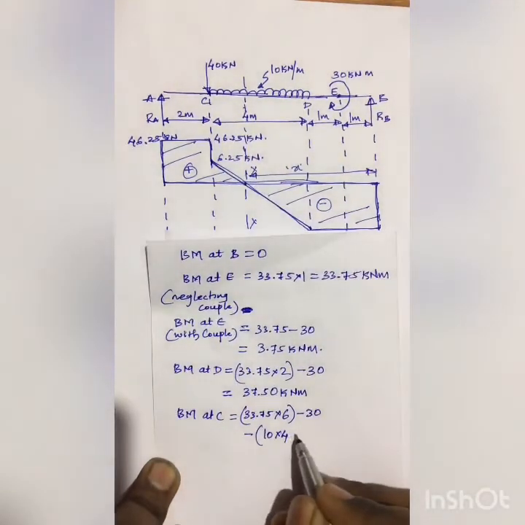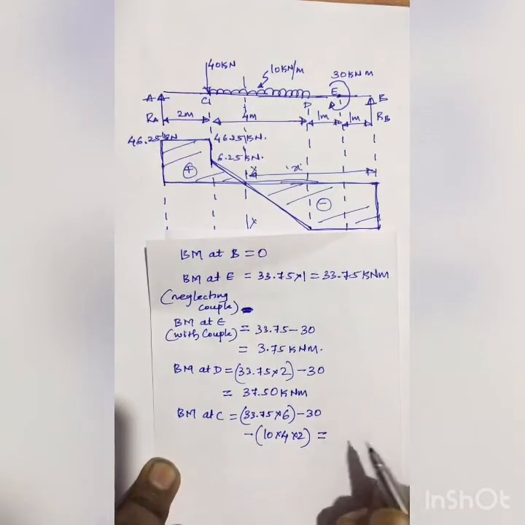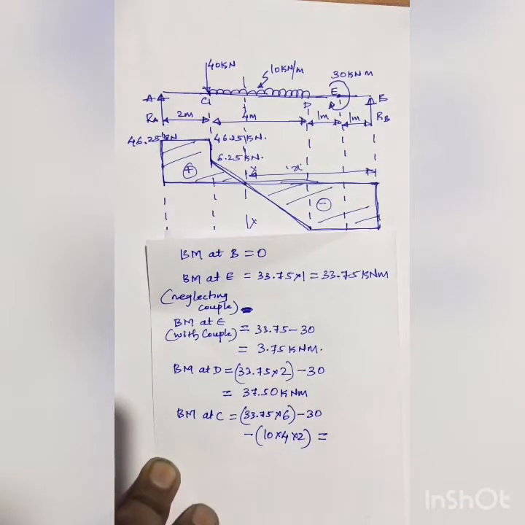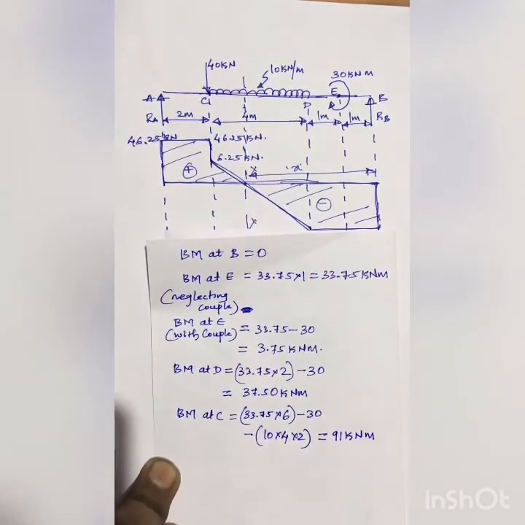So minus 10 into 4 into 2, this equal to, how much is it? We will get it as 91 kilonewton meter.